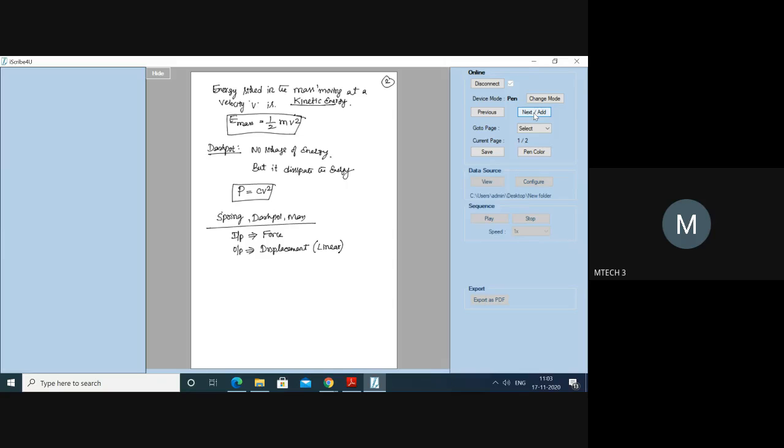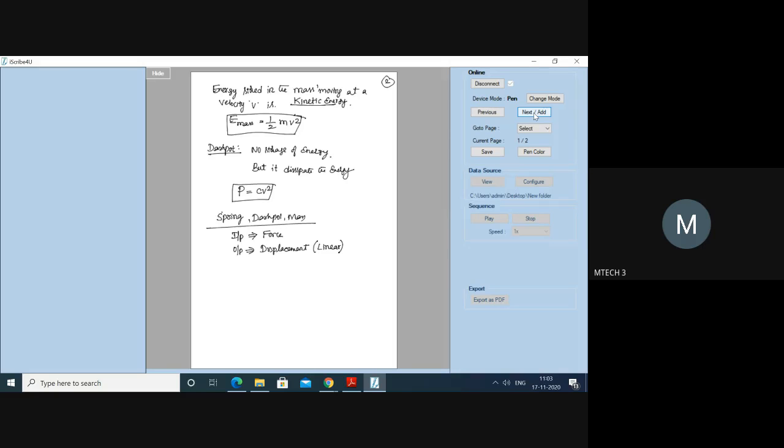In any other case, is rotational displacement going to be there or not? It will be there.